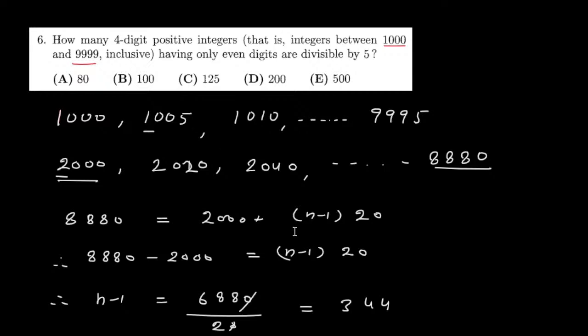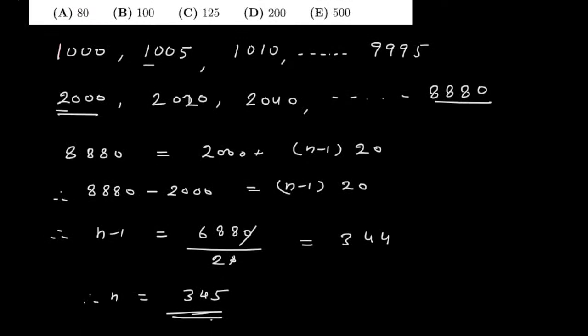So 344 are definitely having even digits only. Okay, so our answer will be 344 or more than 344. So only one option is seen here, which is 500. So might be 500. I will discuss this problem again. Okay, let us mark this problem, and we will discuss this in some other paper.